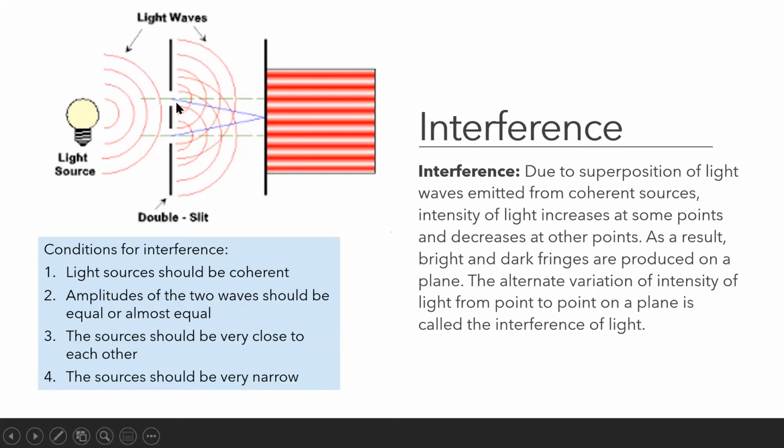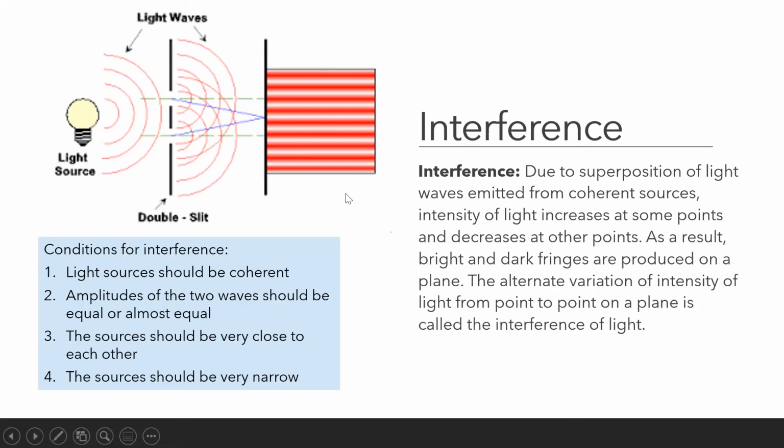So the slits are close to each other, and the sources should be very narrow. I told you the slits are very narrow holes, where the width of that hole is very small compared to the length. Usually we are not able to make out that hole with our naked eye, but if you use a microscope, you can find that hole enlarged. So this is an enlarged image.